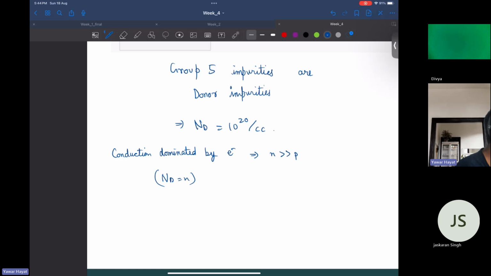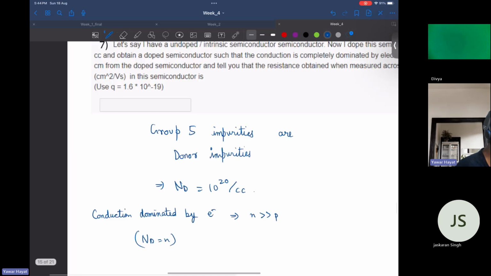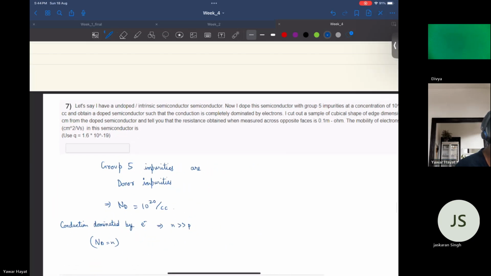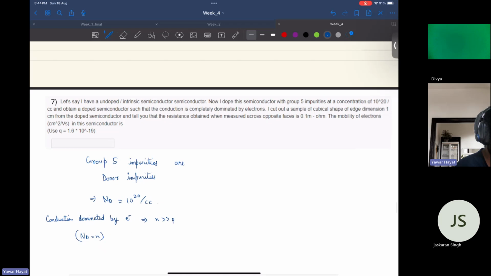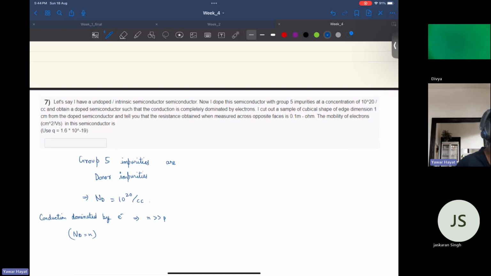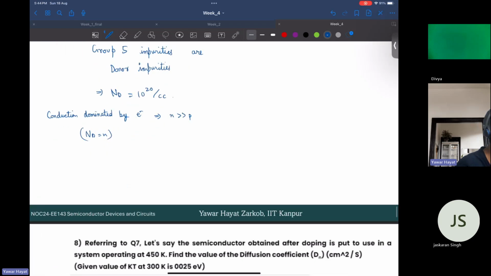Now the sample is a cube, a cubical shape of edge dimension 1 centimeter. So it would be something like this.